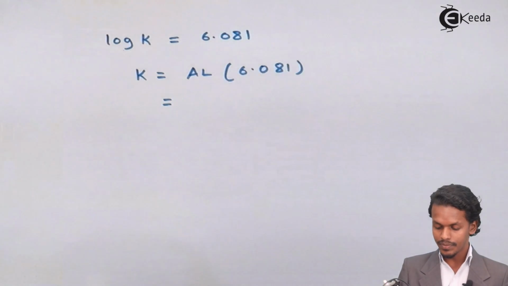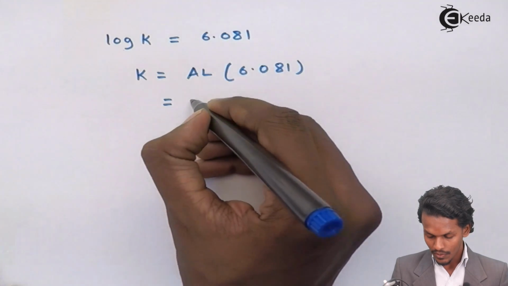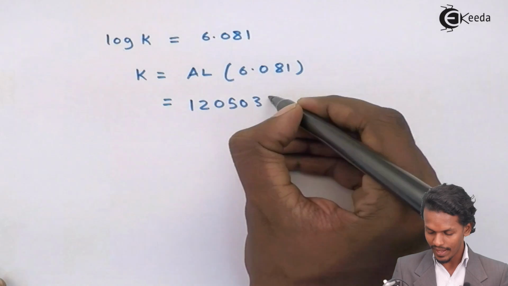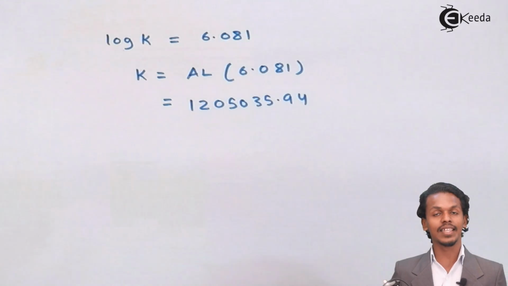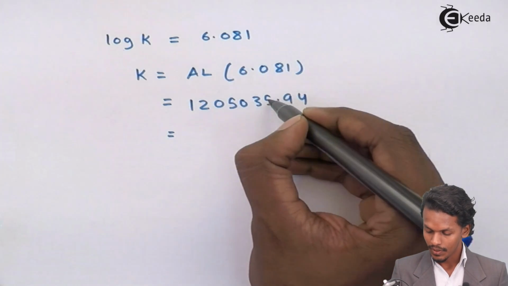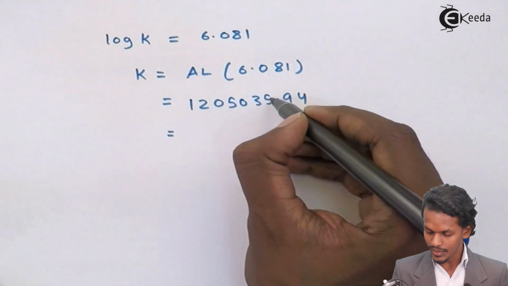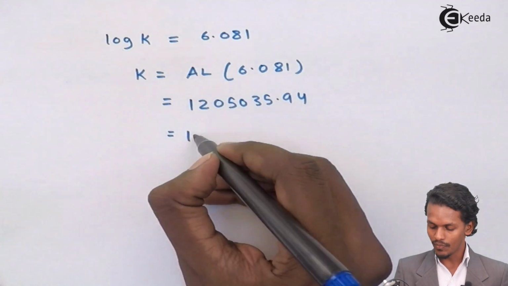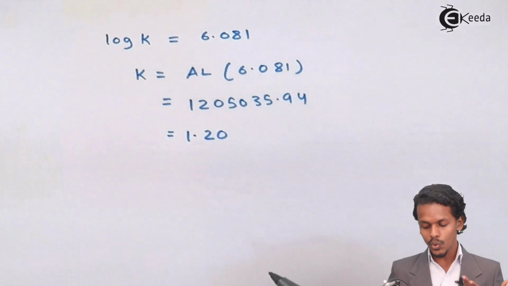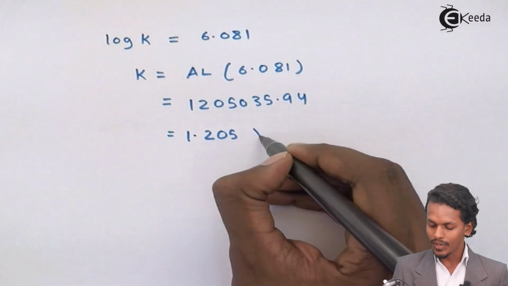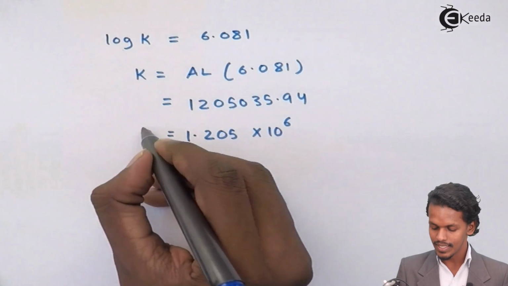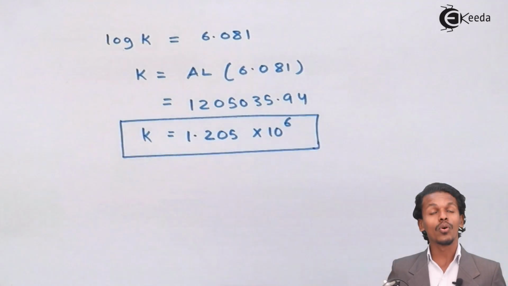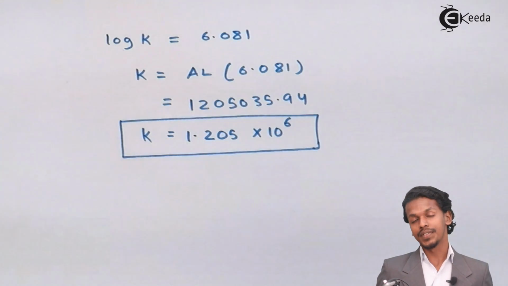We have got a value of 1205035.94. I could write it in this way, 1, 2, 3, 4, 5, 6, so I can write it as 1.205 into 10 raised to 6. So this is also how I can represent the value of the equilibrium constant.